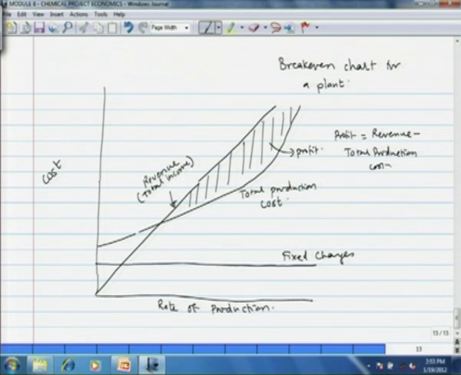And you can see that at a particular production rate, the profit is maximum. So, this is the optimum production capacity at which the gross profit is at its maximum.